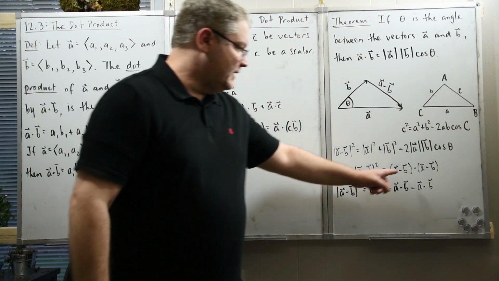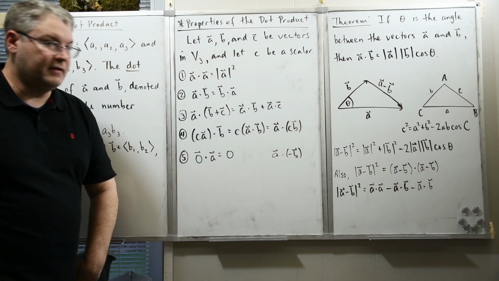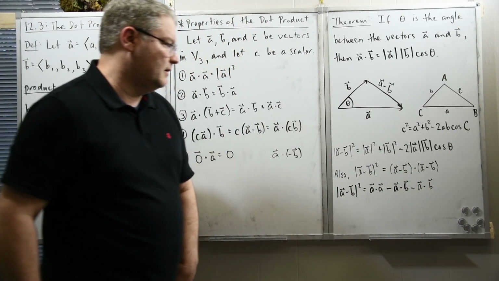And then the last product, negative b dotted with negative b, you could think of that as a positive b dot b.